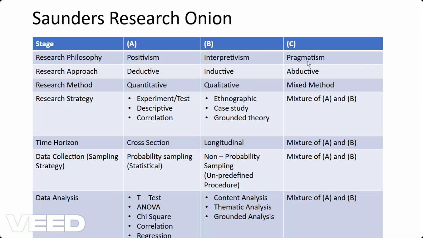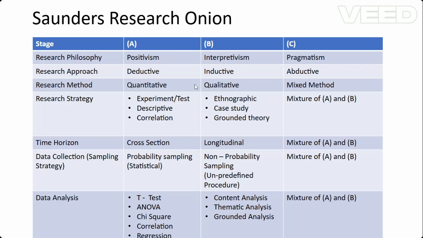As usual, pragmatism is a mixture of those two, where you fall between those two approaches. In your research, you are going to use a qualitative method or quantitative, or also partly qualitative. Then you are in a mixed method.